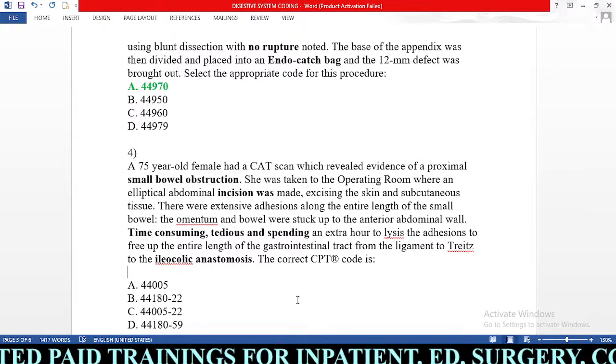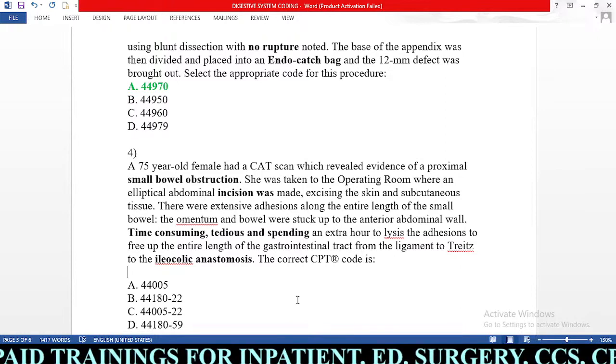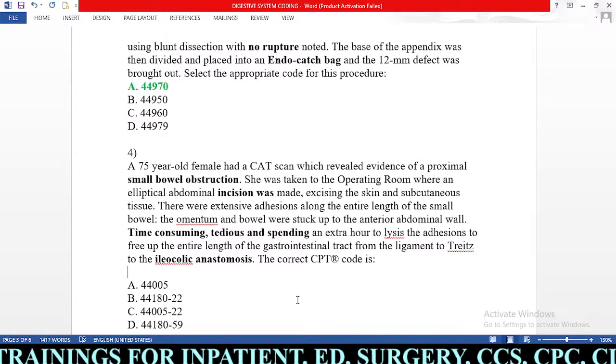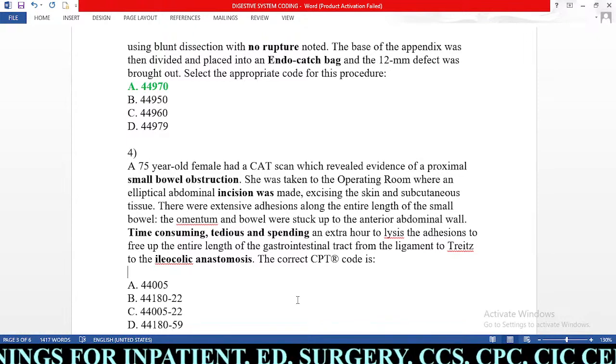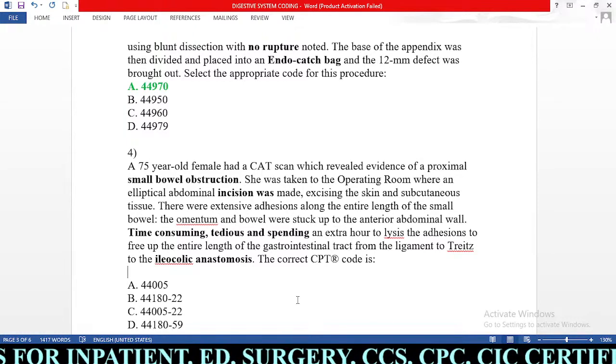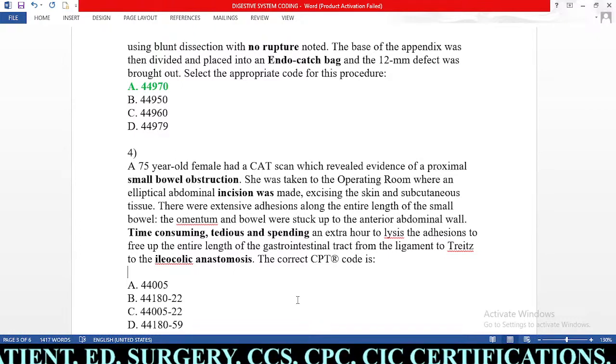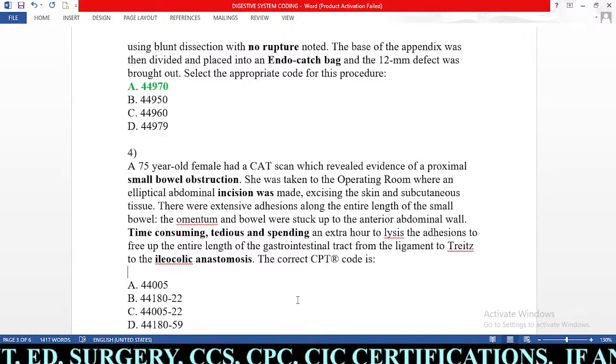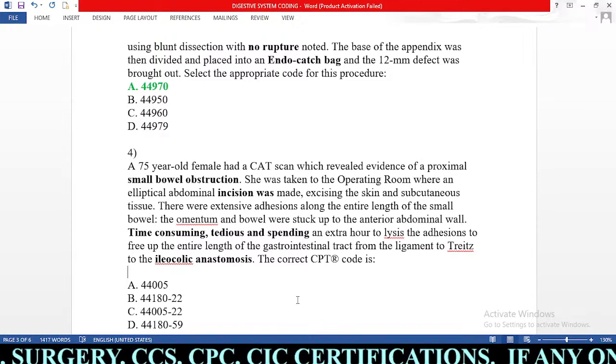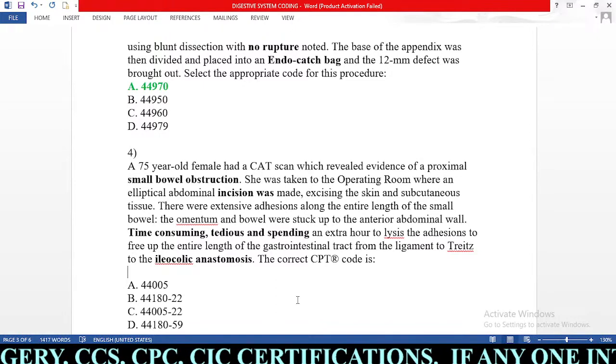So it is not enterolysis, it is lysis of adhesions, so this is not correct. We will eliminate 44005 and we are left with, so we will check 44180.